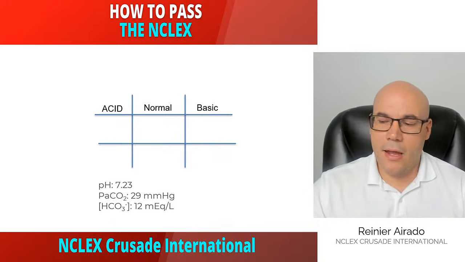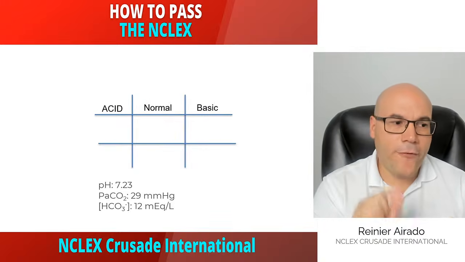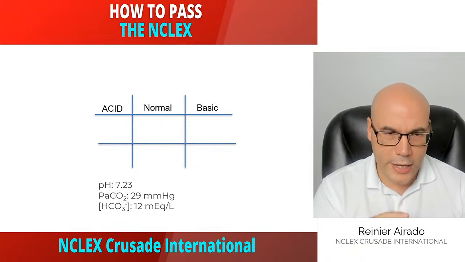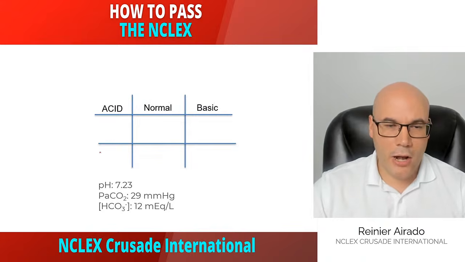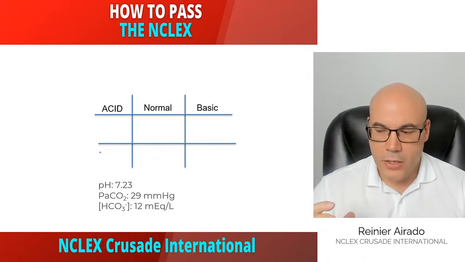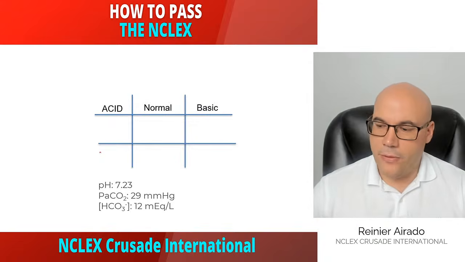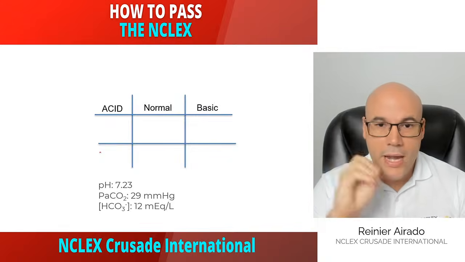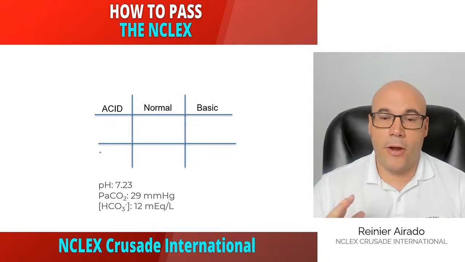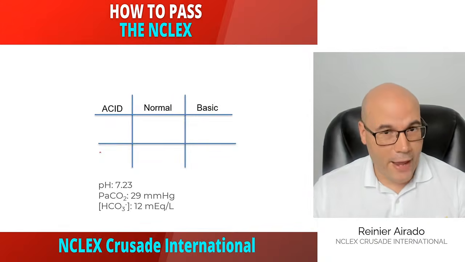The first thing we are going to look at is the pH. So number one, look at the pH and determine where it is on the scale. In this scenario, the pH is 7.23, and we know that normal is 7.35 to 7.45.